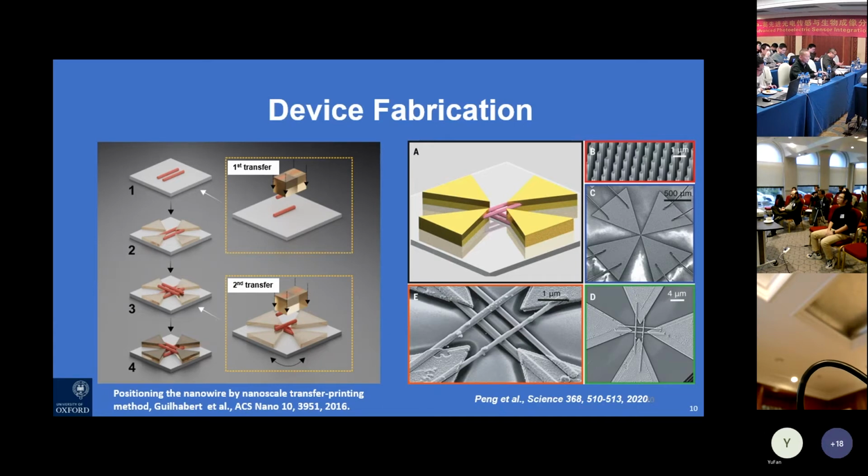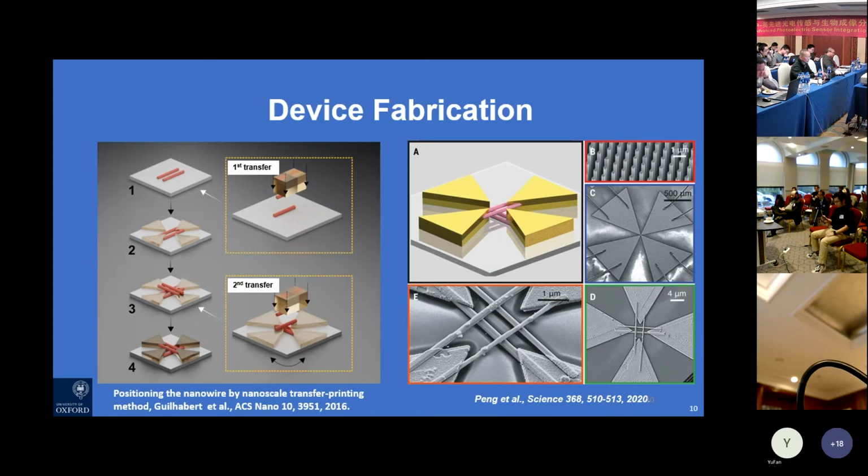The other challenge is how to electrically isolate these two orthogonal detection channels. The first challenge can be addressed by applying the nanoscale transfer printing technique, which has been developed in our collaborator's group, Professor Antonio's group at the University of Strathclyde.